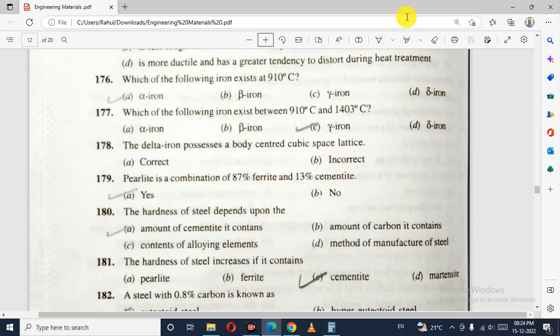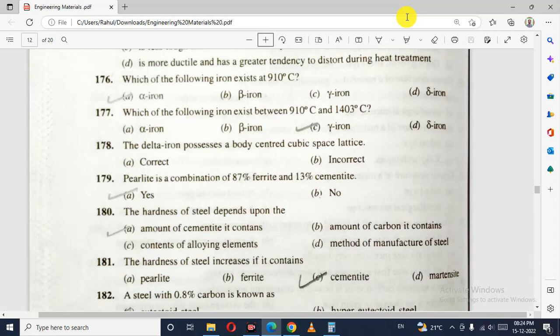Which of the following irons exists at 910 degrees Celsius? Alpha iron. Which of the following irons exists from 910 degrees to 1403 degrees Celsius? Gamma iron.